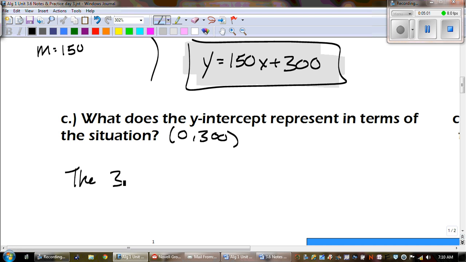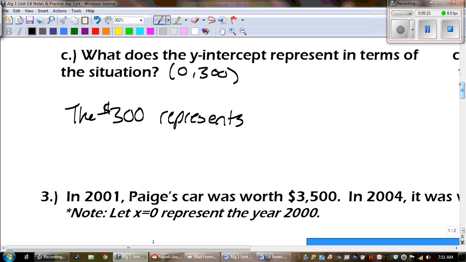So the $300 represents, well, what's the problem talking about? It says that Paul makes commission plus a base salary, right? So what that means is the $300 is his salary if he doesn't sell any cars.